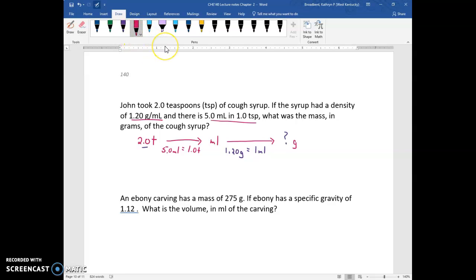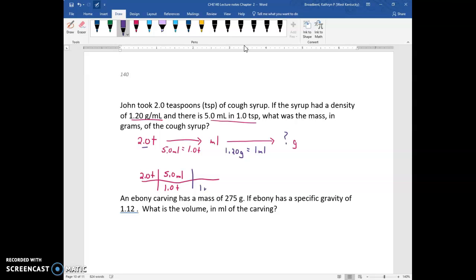So we'll start with our 2.0 teaspoons. My goodness, that's a crooked line. We want the teaspoons to disappear, so I'm going to put the 1.0 teaspoons in the bottom and the 5.0 milliliters in the top. That's our first conversion. Our second conversion, we need to get rid of milliliters.